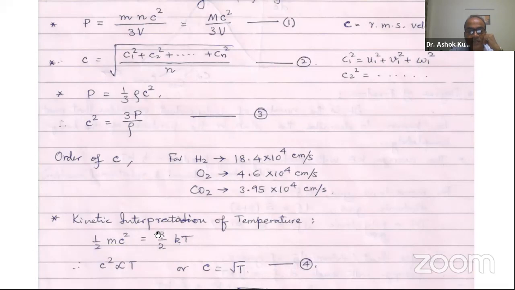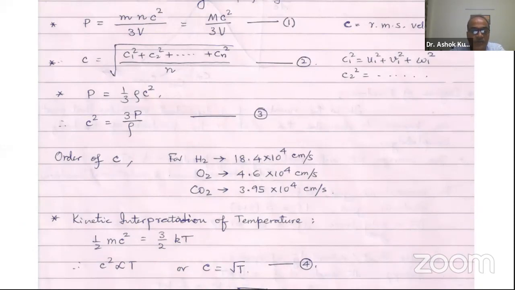But here you see 3 by 2 k, k is the Boltzmann constant. Somewhere in some books it is written k_B also. Doesn't matter, it is the same, k or k_B. And T is the absolute temperature. So here you see that this is observable. Only T you need to observe or measure. So this microscopic parameter is connected with the macroscopic observable.